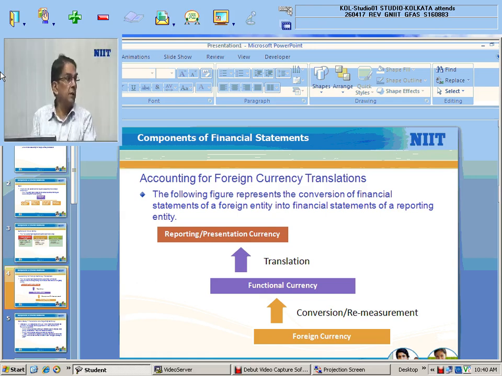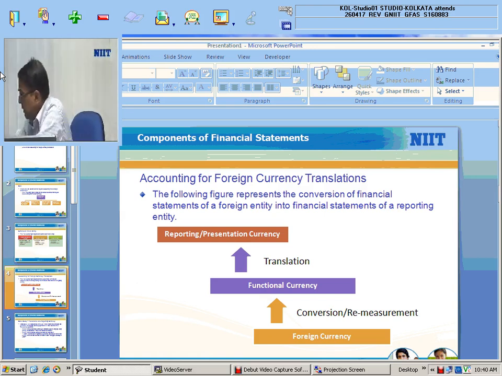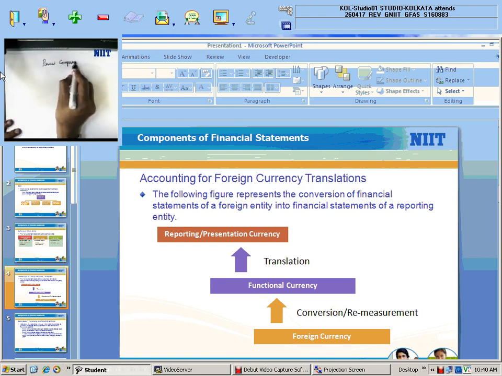Let's consider the situation where there is an Indian parent company with a US company as its subsidiary. For the parent, the reporting or presentation currency is INR. For the US subsidiary, the functional currency is the US dollar.